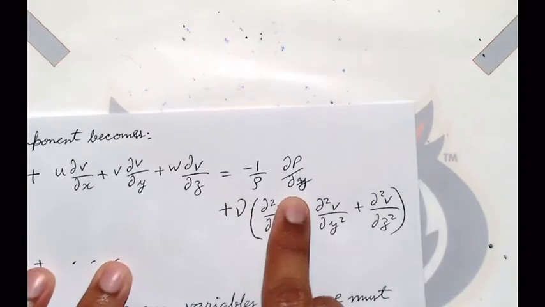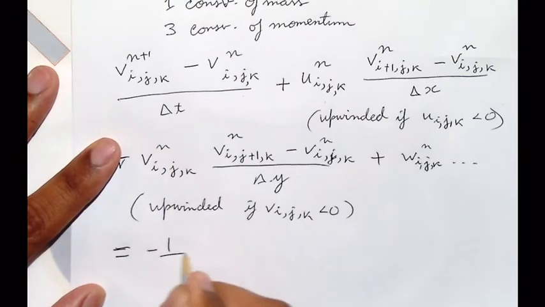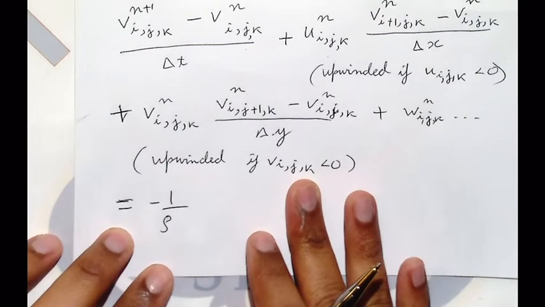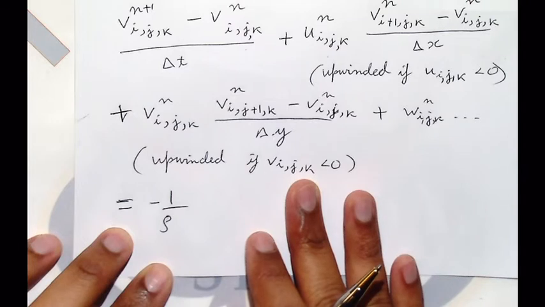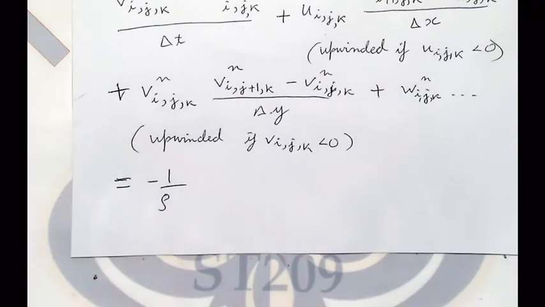The term is dp dy. Rho is a constant, so I will just write minus 1 over rho. Should I write ijk? It depends. Incompressibility just means the density of a blob of material does not change, but one blob can have a different density compared to its neighbor.